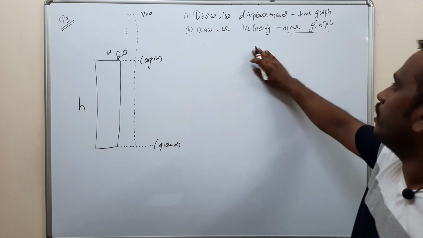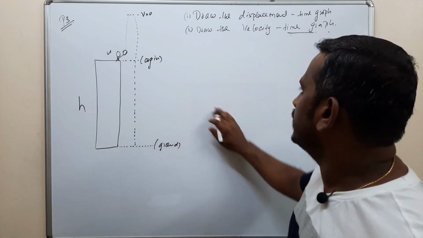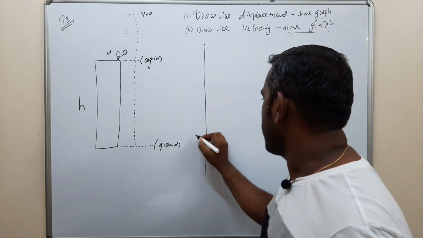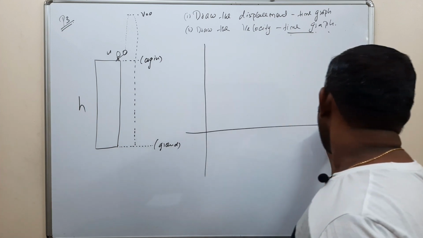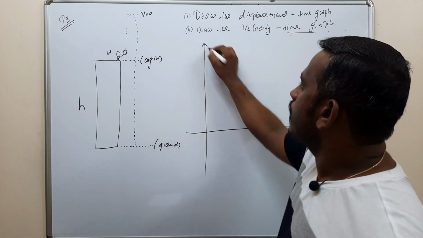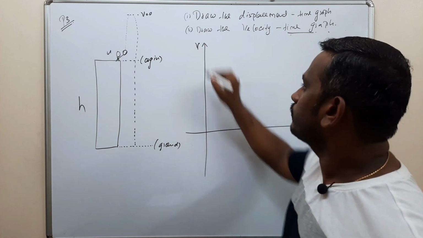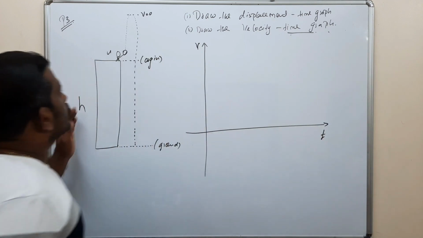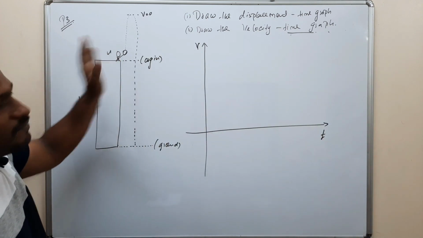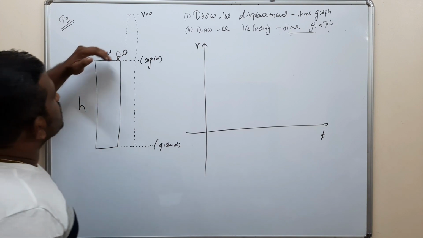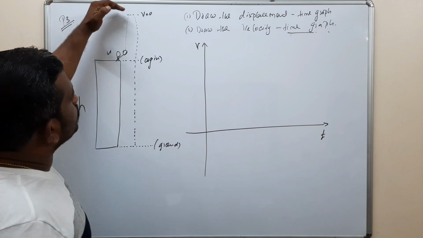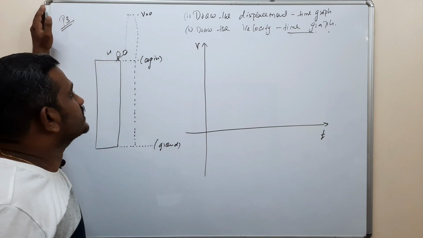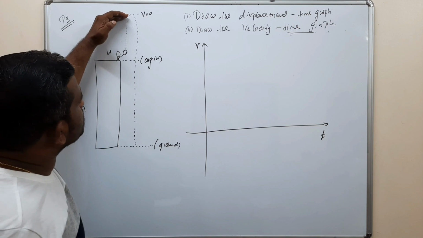Next is to draw the velocity time graph. The ball is projected with a certain initial velocity. As the ball goes upwards, the velocity is continuously decreasing. At this point the velocity becomes 0.